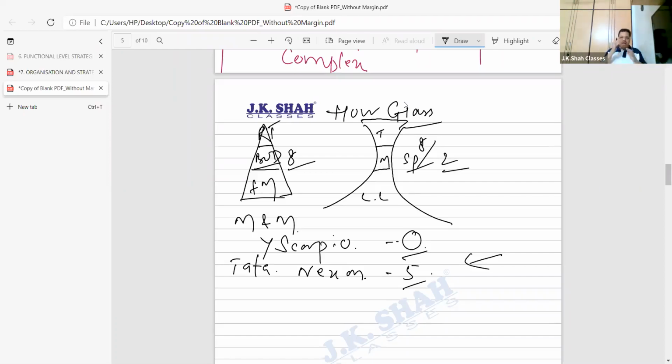Instead of having 8 specialists, one in production, distribution, marketing, now we'll have only 2 people who have a general idea of all the functions that are to be done. And Ratan Tata says, I have good communication systems today. Any problem, I can call on phone. Whom? Bose Babu. Bose Babu will pick up my phone and will run and give me all the information that I want. So there is no need for me to have a big middle level manager.